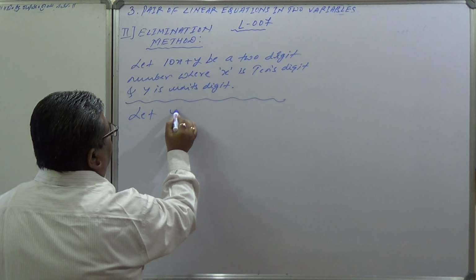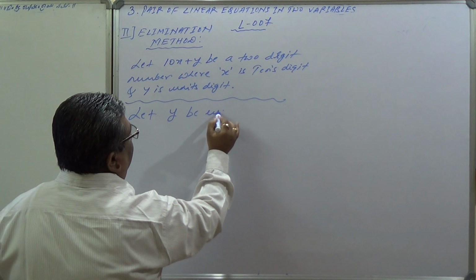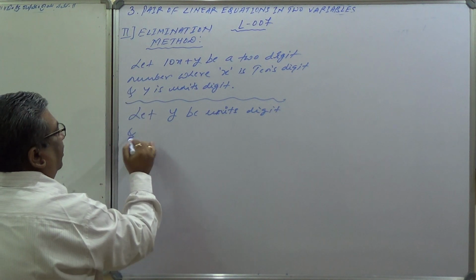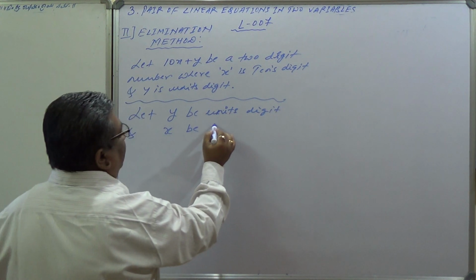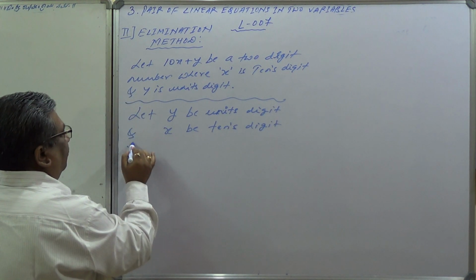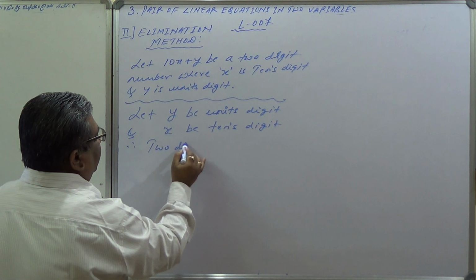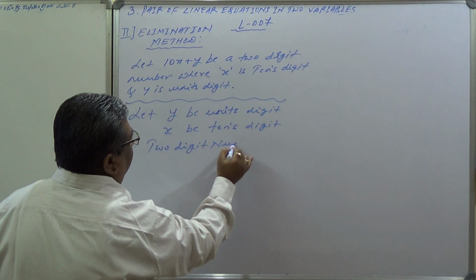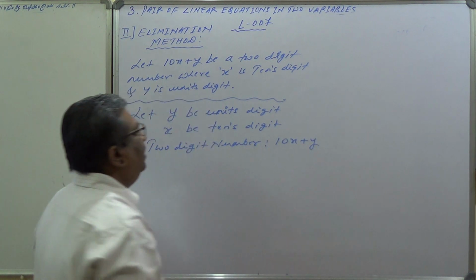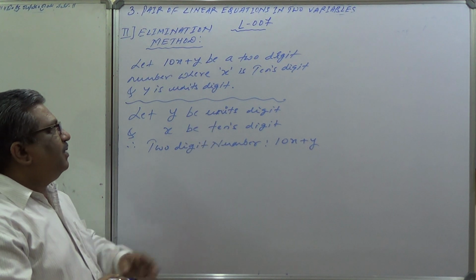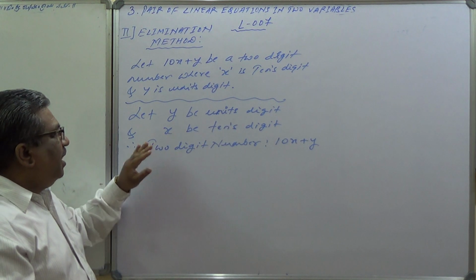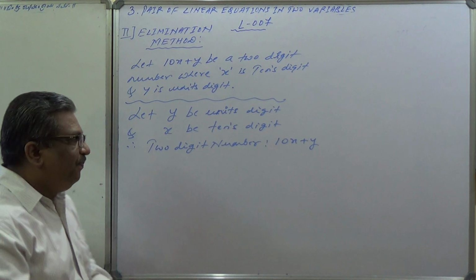Let y be units digit and x be tens digit. Therefore, the 2-digit number is given by 10x plus y. This is simple, isn't it? We know that 10x plus y is a 2-digit number. Let y be the units digit and x be the tens digit. A 2-digit number is given by 10x plus y.